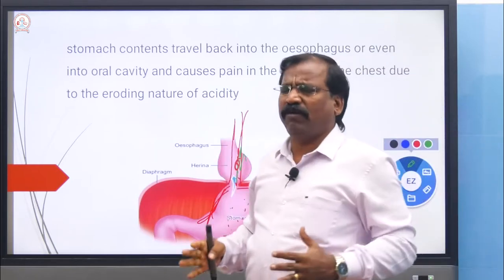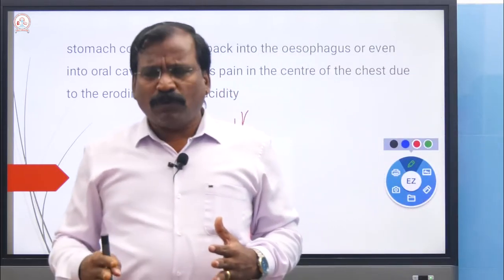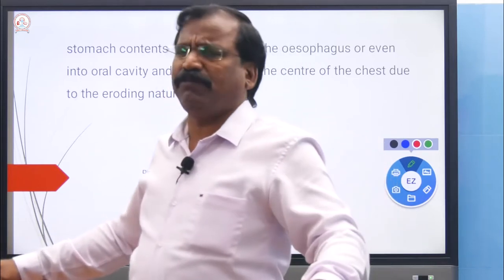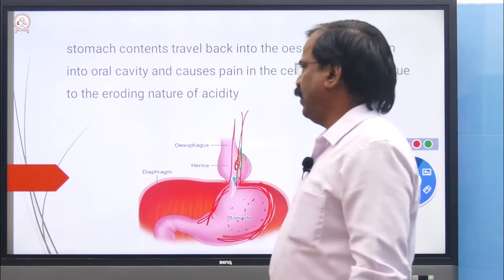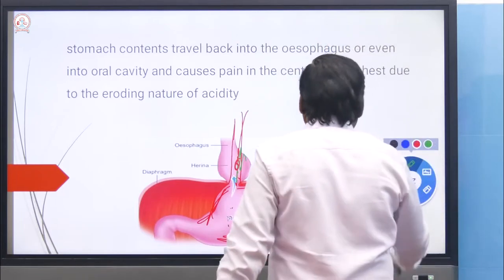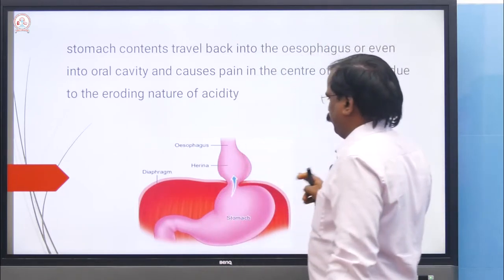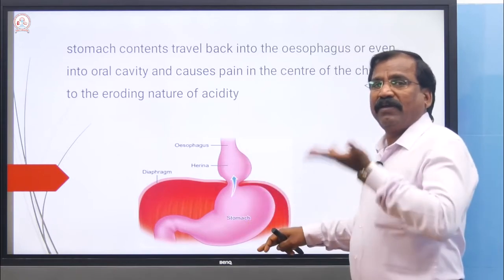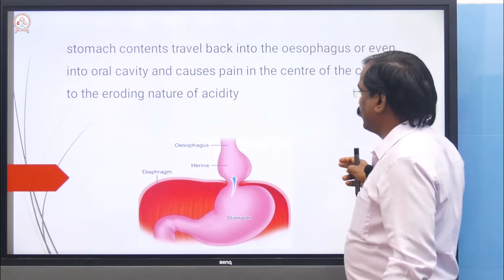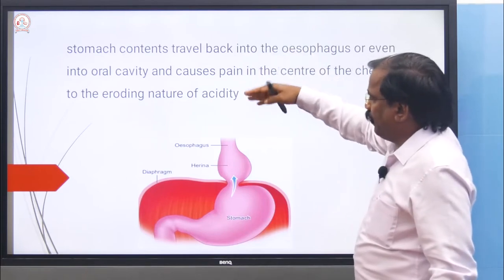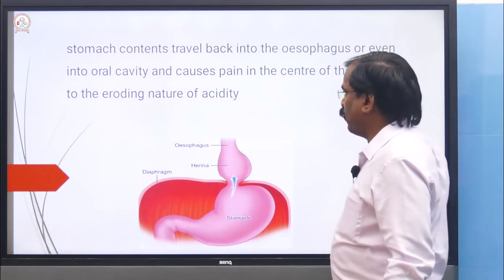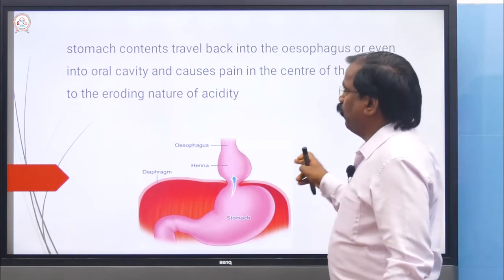Simply the function of the esophagus is conduction of the food substances, no absorption, no digestion, nothing takes place. That is the main reason for the heartburn. See, the contents of the food are coming, like reverse peristalsis. So that causes the heartburn, right?